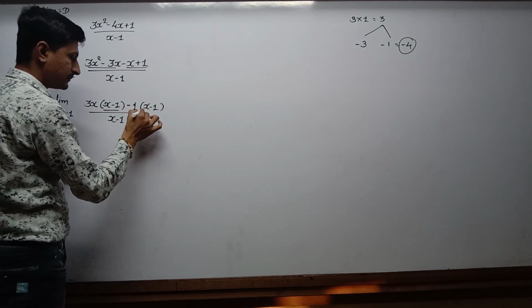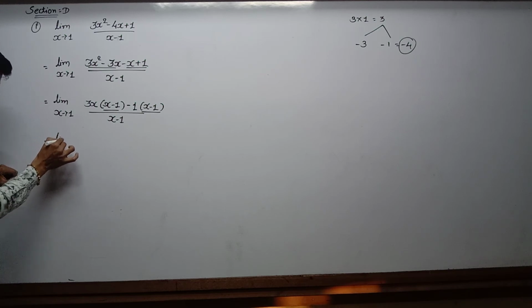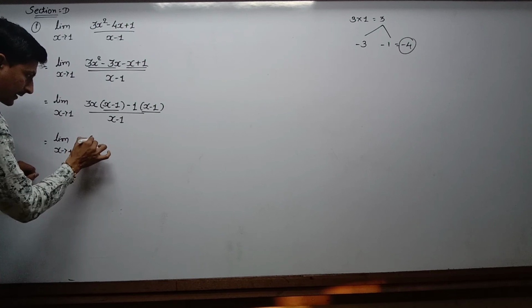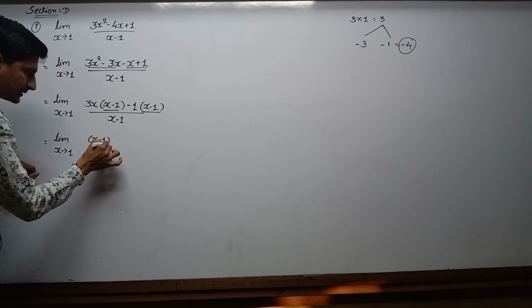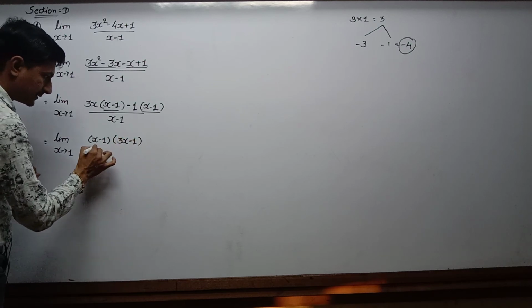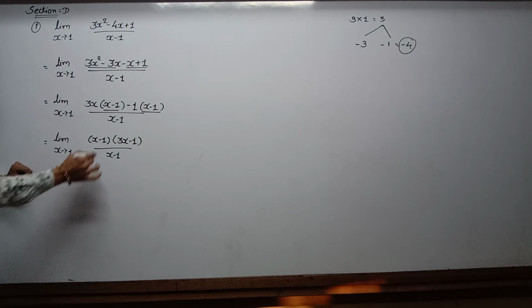Okay, in the numerator take the bracket common. So limit x tends to 1, x minus 1 another bracket 3x minus 1, divide by x minus 1. So numerator and denominator x minus 1 cut.